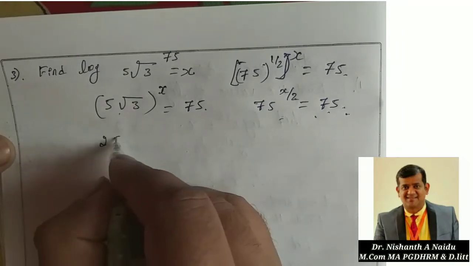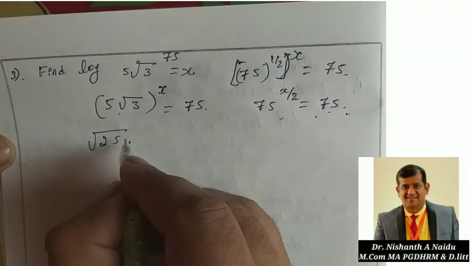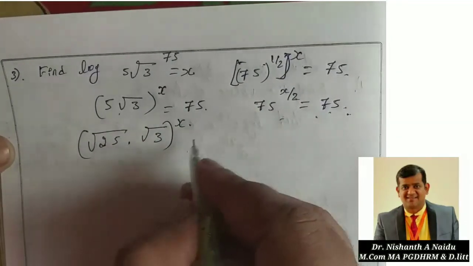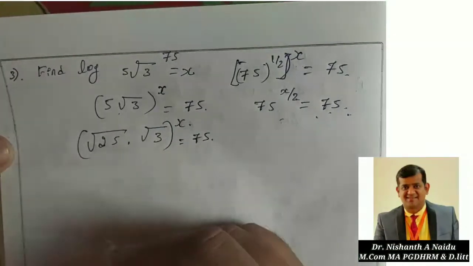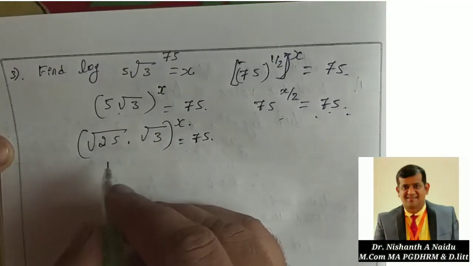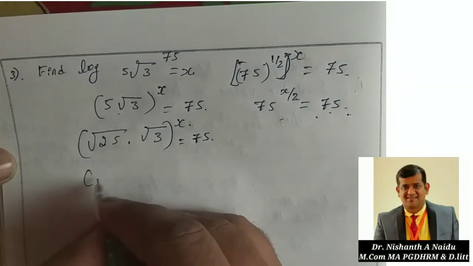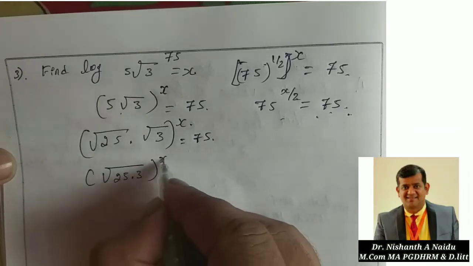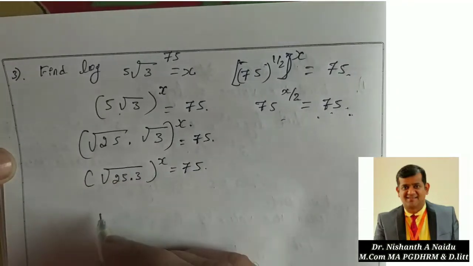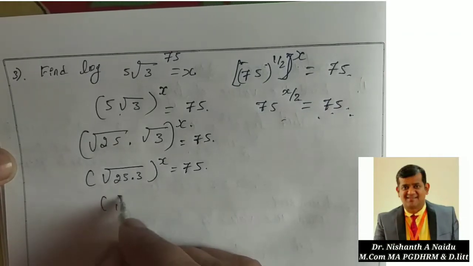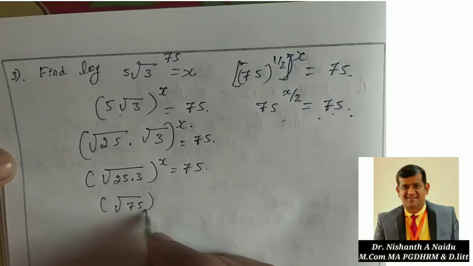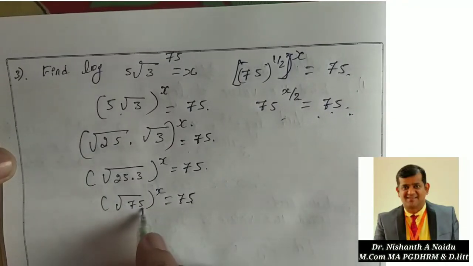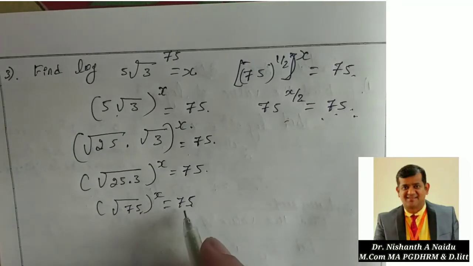So that is root 25 into root 3 whole power x equals 75. So that becomes 25 3s are root 75, whole power x equals 75. 75 to the power x equals 75.